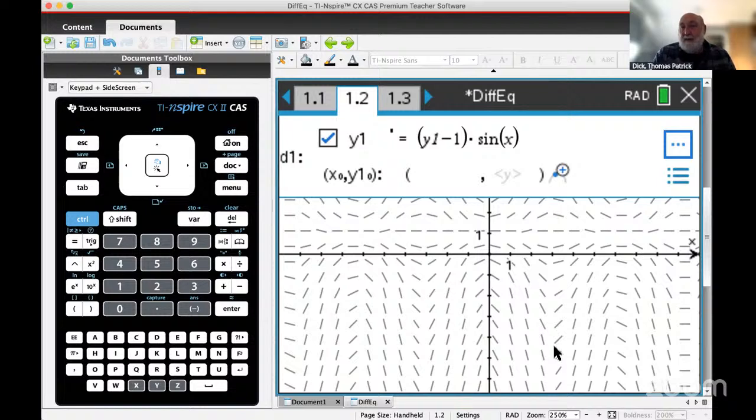And of course we can change the window too. But I think we're getting a better look at what that slope field looks like.